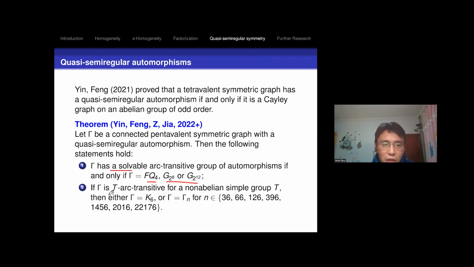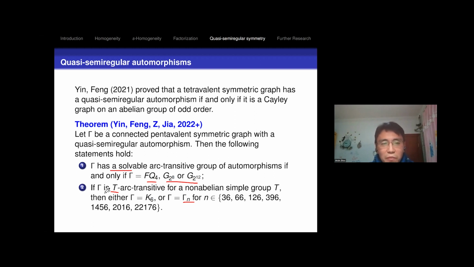When gamma is T-arc-transitive for a non-abelian simple group T, then gamma is either the complete graph K6, or gamma is one of these graphs. Here we also omit the detailed construction for these graphs. We only have 7 graphs. But here you can see T is a non-abelian simple group.